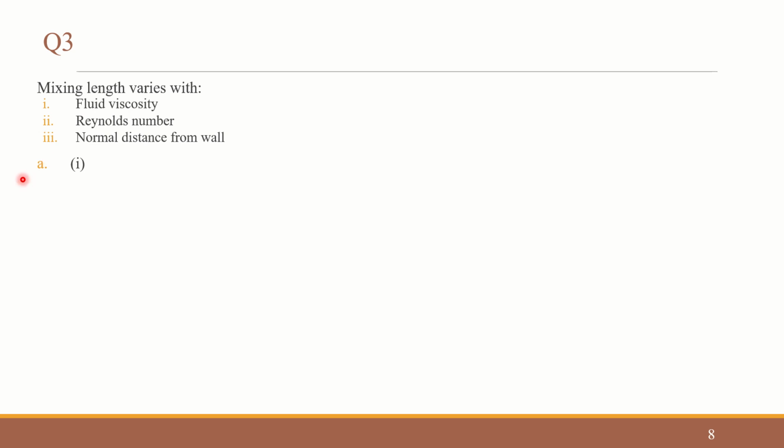Given the options, option A is 1, option B is 2, option C is 3, option D is 2 and 3. We know that only normal distance from the wall is the right answer. So the answer is option C. Option C is the right answer.